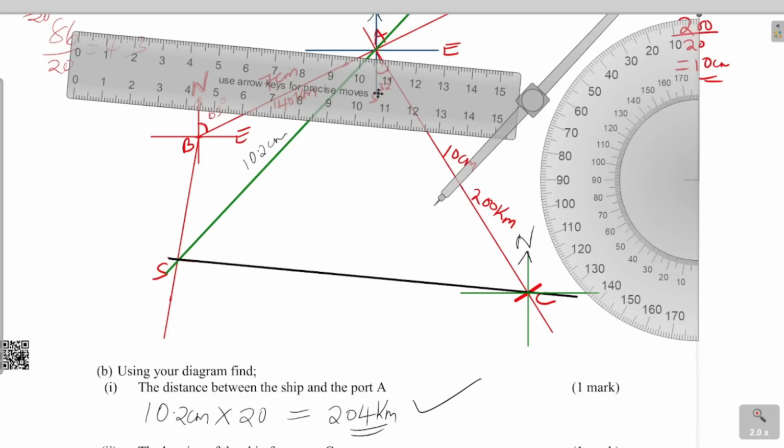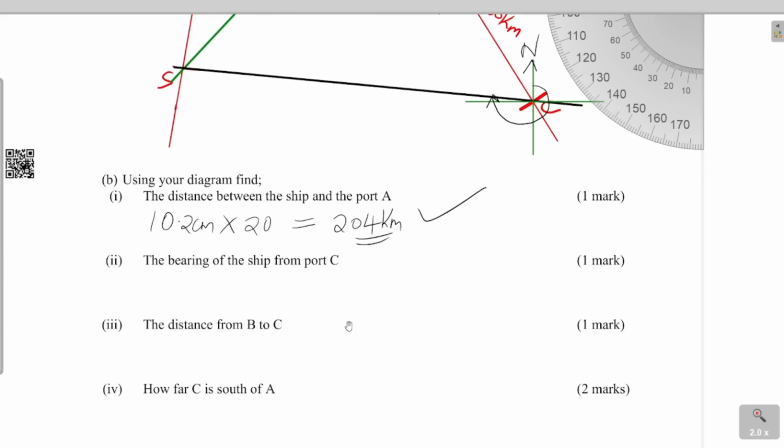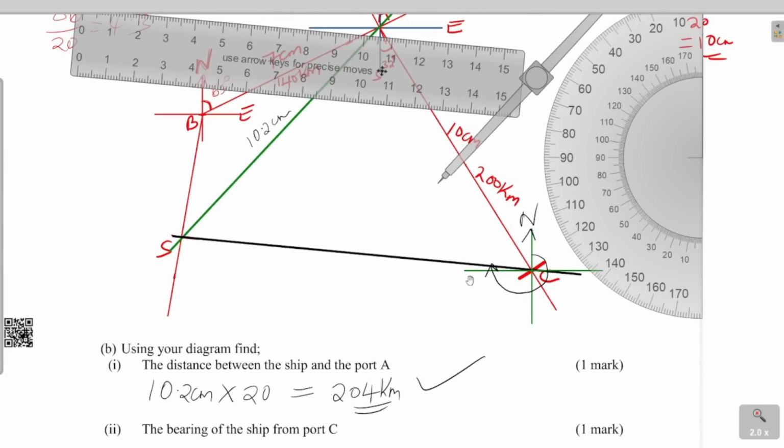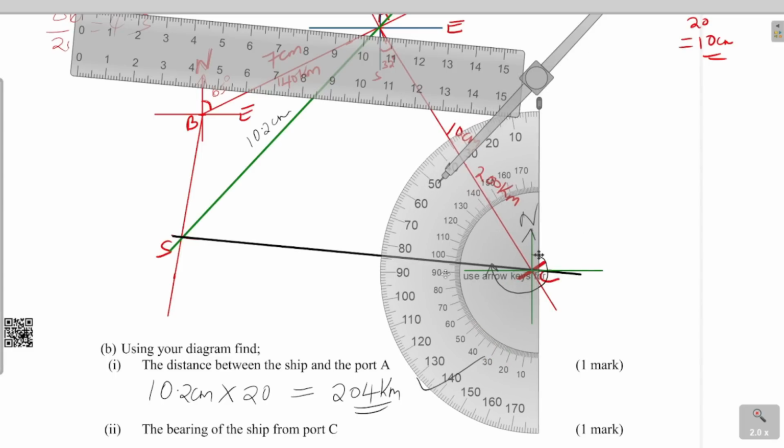The angle you're supposed to measure is from this point all the way to this point. This is the bearing of the ship from port C, so you have to measure the whole of that angle, from the north up to that line. What you can do is get the angle that is remaining.